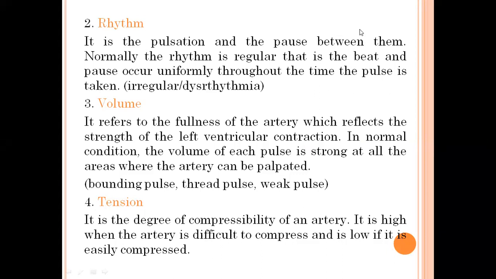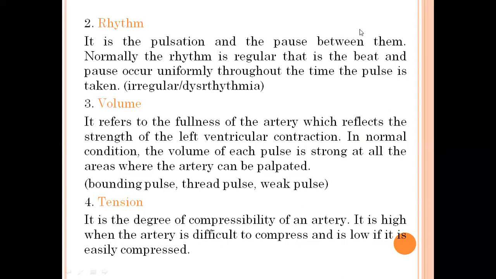It is the pulsation and the pause between them, between 2 beats. Is it regular and uniform, or is it irregular, or fast, or slow? This is how we should look at rhythm, the interval between 2 pulses.